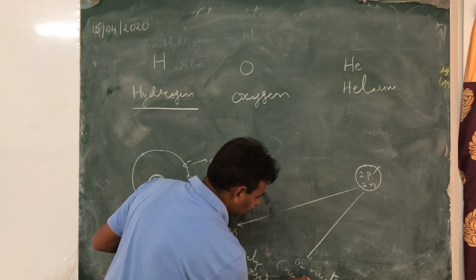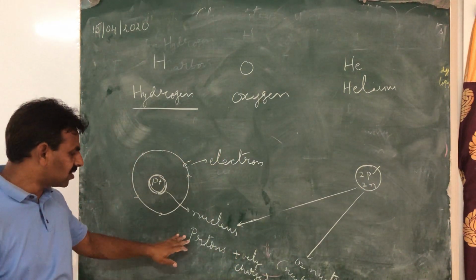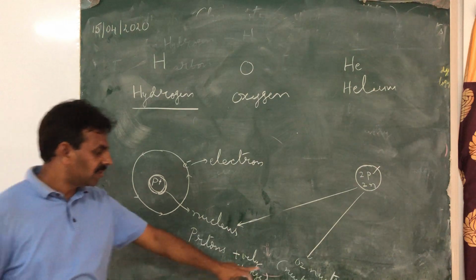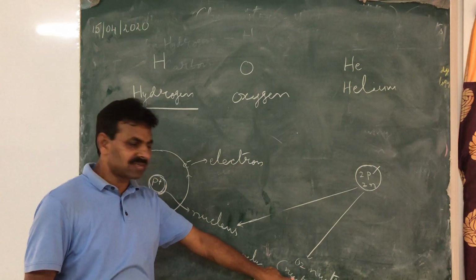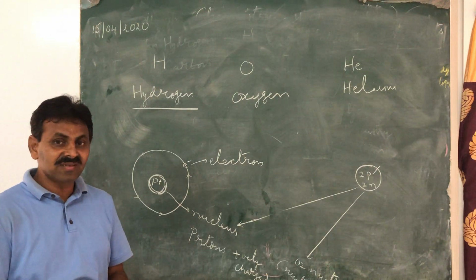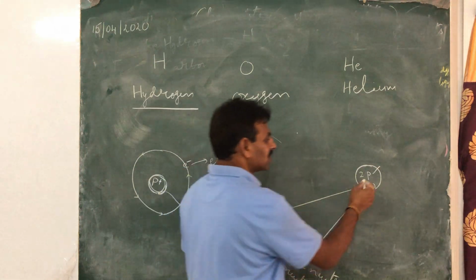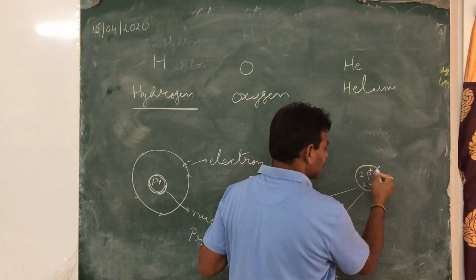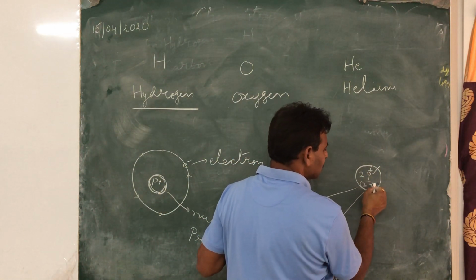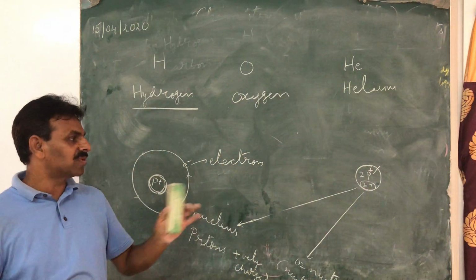Neutral means no charge. Protons are positively charged. Neutrons are chargeless. So what will be the total charge of the nucleus? Obviously it will be positive, because protons are positively charged and neutrons are chargeless. So the overall charge of the nucleus will be positive.